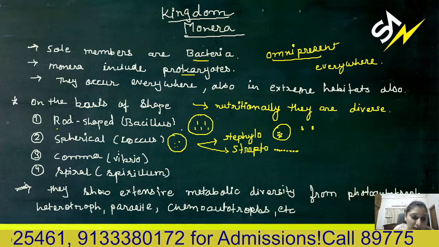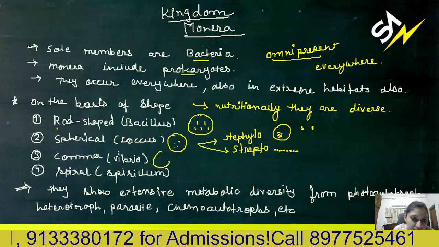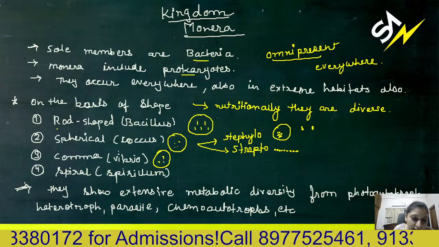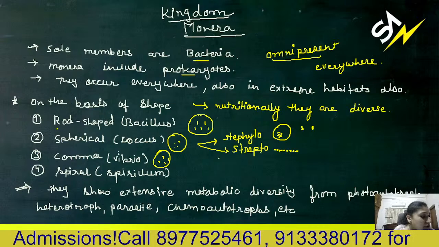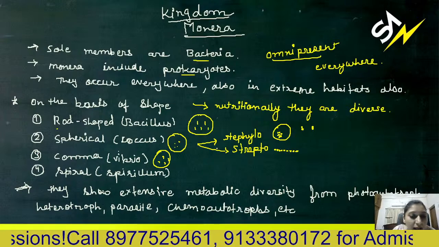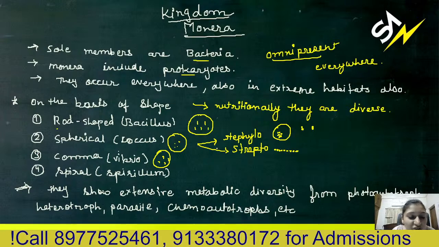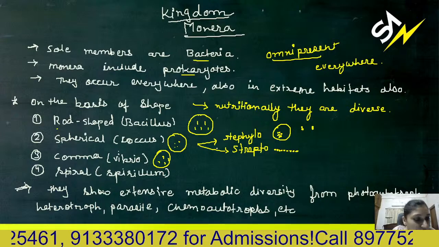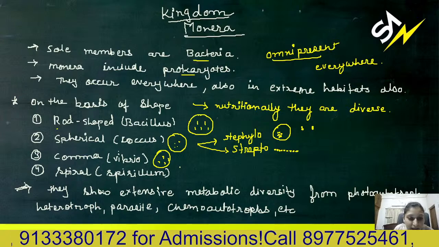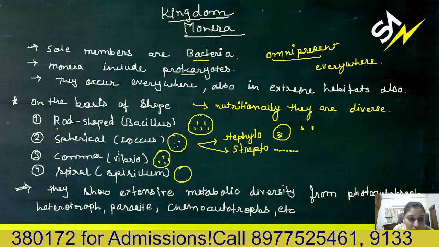Then comma shaped, like this. You can see pleomorphism in comma-shaped organisms. Pleomorphism means they can change, they can be present in any different type of shape. Then spirochetes or spiral shaped.